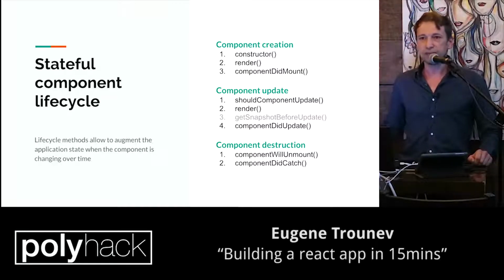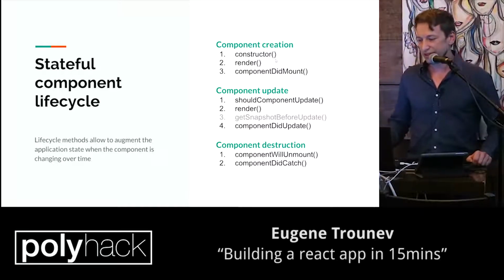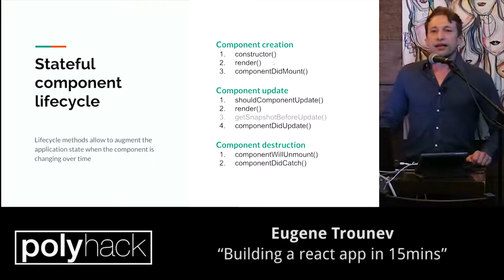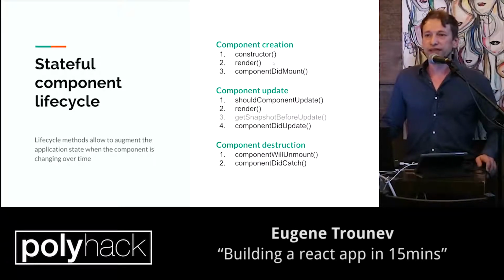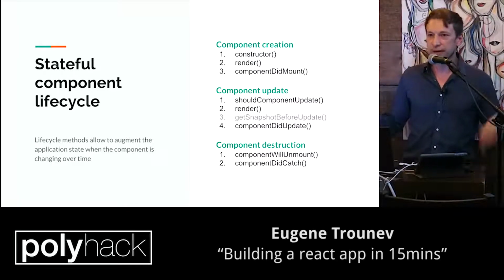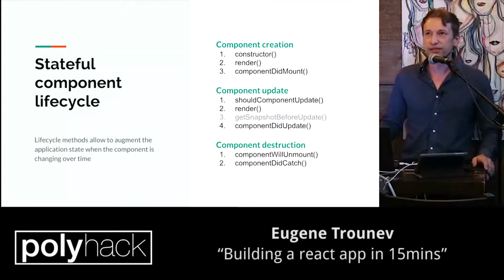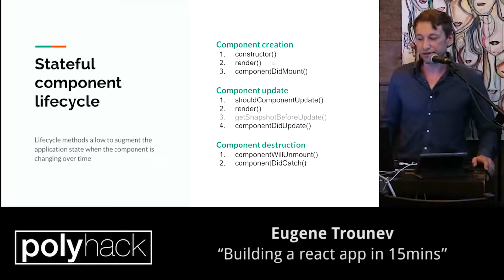Get snapshot before update. I think I have a slide for this. Anyway, get snapshot before update will return the component state that will happen in a moment. That will happen after the component has updated, and component did update, which does pretty much the same thing, which basically I really don't understand what the point of it is.